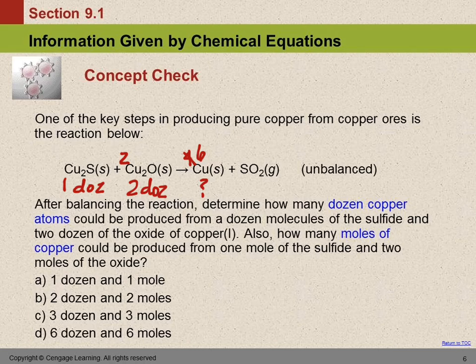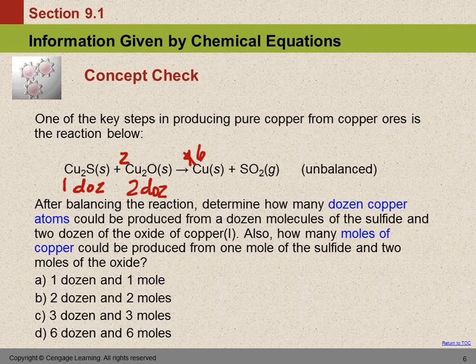What's the equation telling us? 1 of these reacts with 2 of those to make 6 of these. If we said 1 dozen of these and 2 dozen of those, how many dozen of those would we get? 6 dozen.